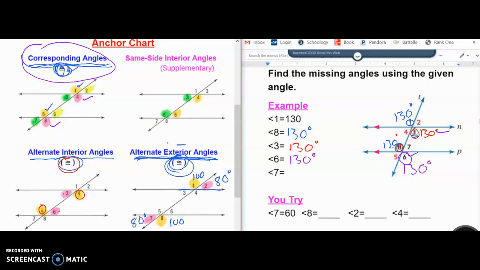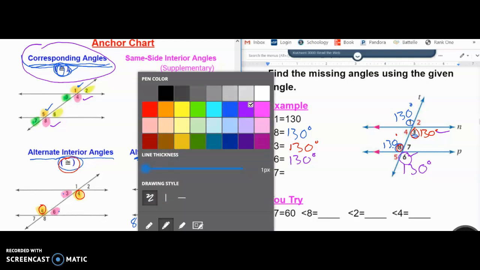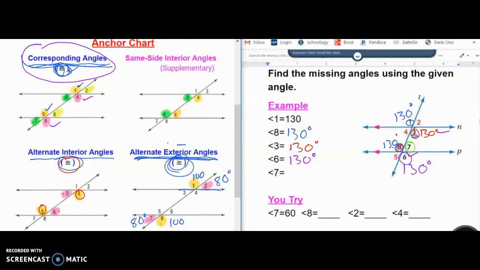Okay? Let's go to the very last one. Angle 7. Okay, now that's the relationship that I skipped earlier. So let me use color green. Okay? So angle 7 is right there. Now, look over here.